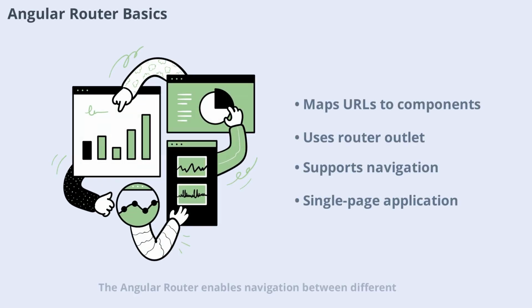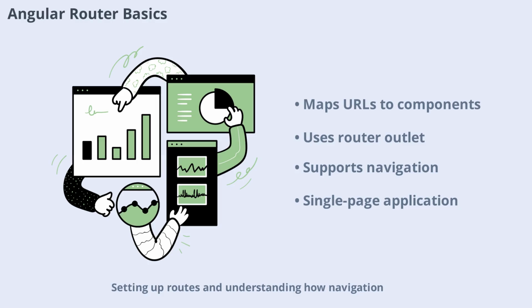The Angular router enables navigation between different views or components in a single-page application. It maps URLs to components, uses a router outlet as a placeholder for routed content, and supports both programmatic and declarative navigation.